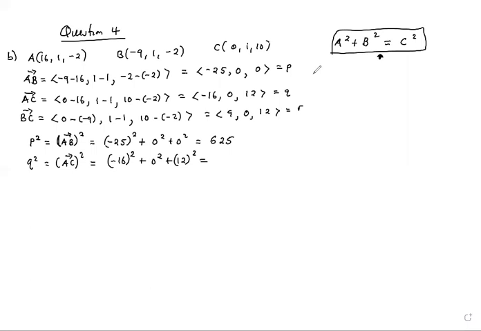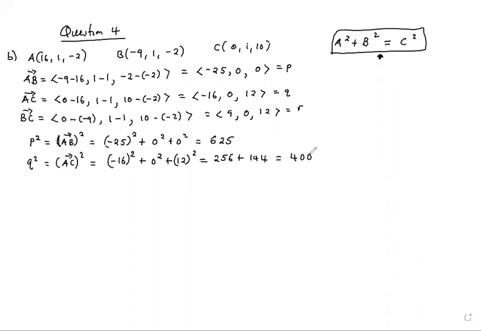So 256 plus 12 squared, 144, giving us 256 plus 144, 400.